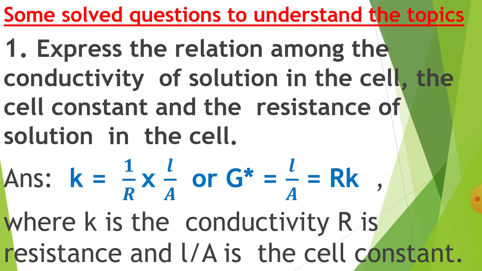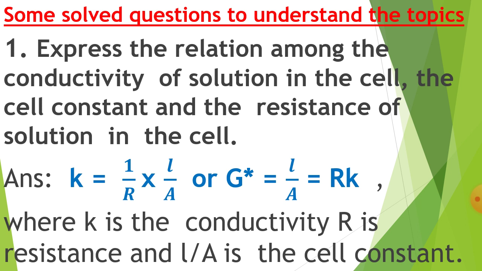Now some solved questions to understand the topics. Question number 1. Express the relation among the conductivity of solution K, the cell constant G star and the resistance R in a cell. This formula I have given to you. K equals 1 by R into L by A, and L by A equals G star.